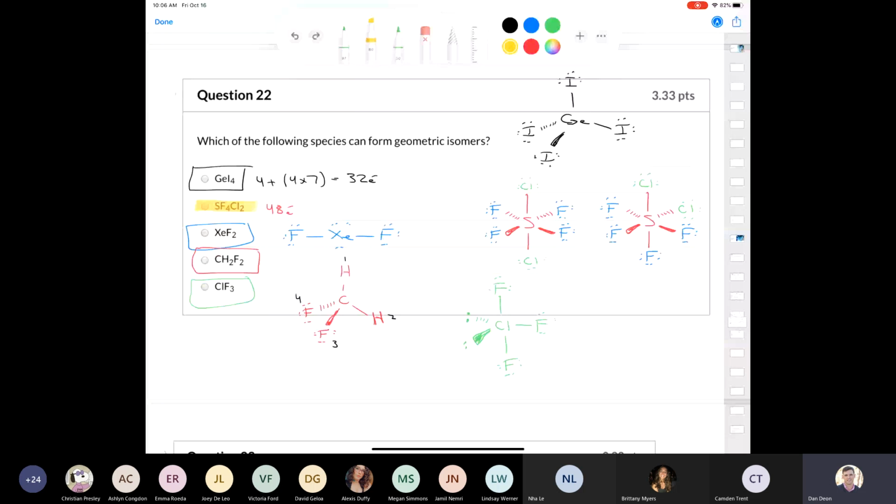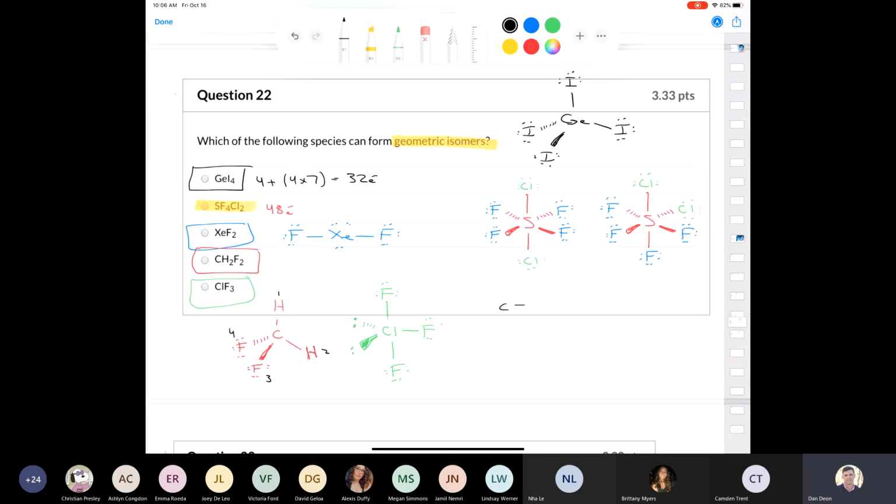All right, so geometric isomers. And just to put this bug in your ear, and I'm kind of yammering on about the same problem over and over, but I think it's worth it. Where we saw geometric isomers in class was when we looked at the molecule C2H2F2.